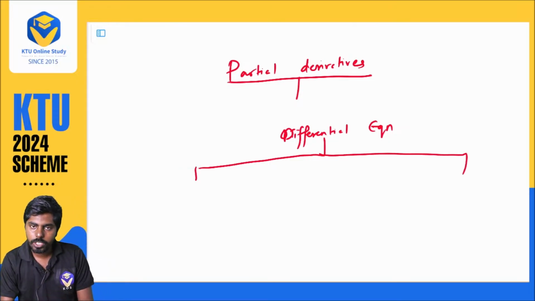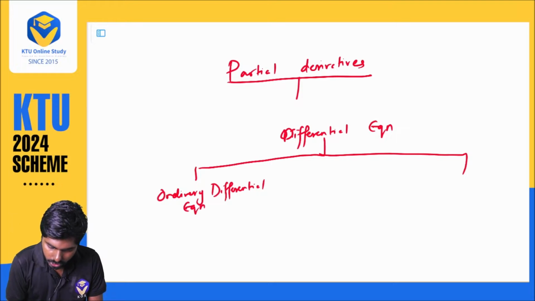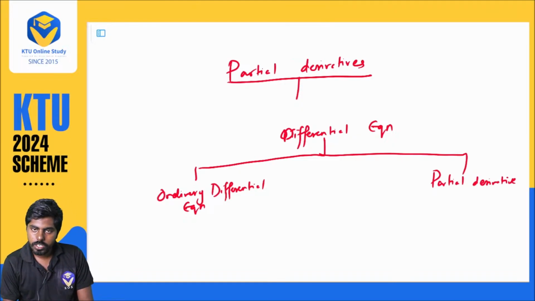Same formula, same thing only. The first one we will be calling the ordinary differential equation, and this one we will be calling the partial differential equation or derivatives.